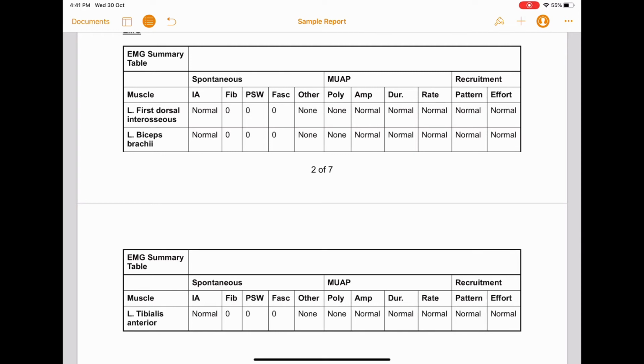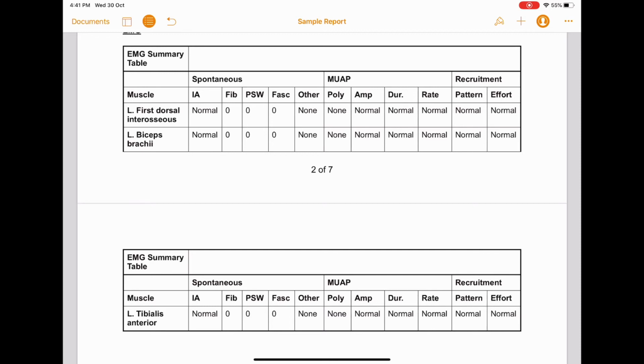Otherwise, usually all the spontaneous activities are abnormal. So you look at those abnormal spontaneous activities, which can be fibrillation, designated as fib here, positive sharp waves, designated as PSW, fasciculations, or there can be a lot of others we can talk about in further sessions, like CRDs and myochymia, etc.